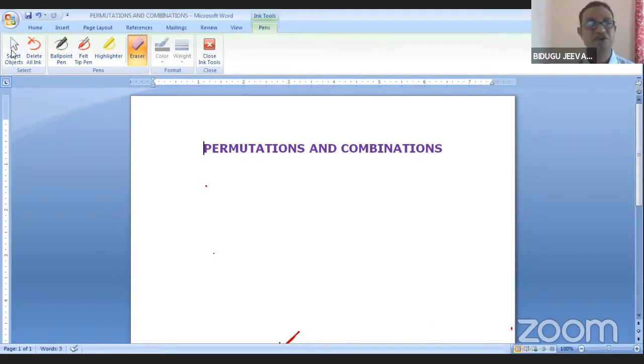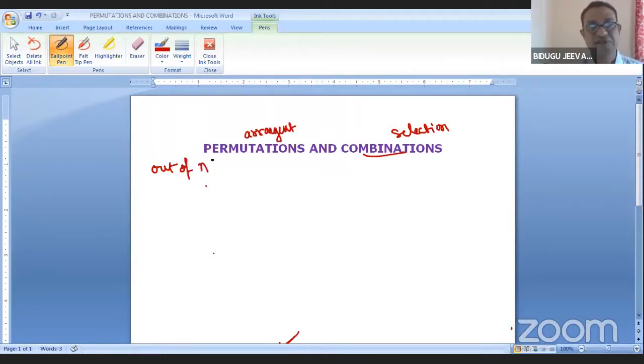First of all, we'll talk about this. It is also similar to permutation. Let me write. This is nothing but selection, and that is nothing but arrangement. Out of n items, take few.